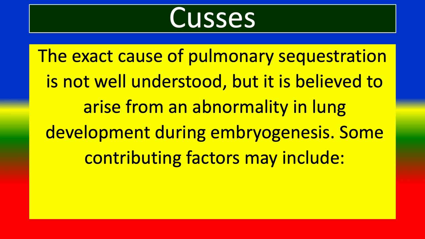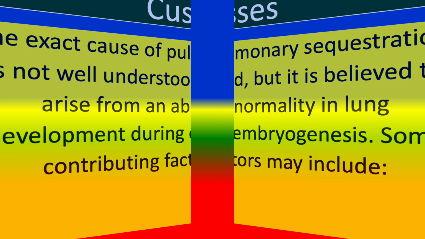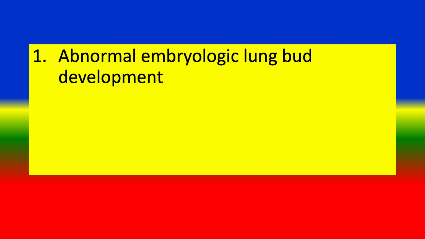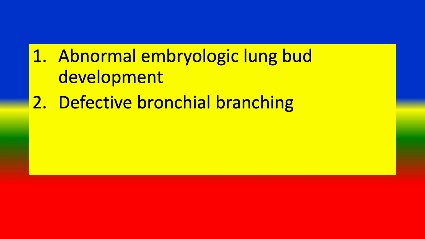Some contributing factors may include: 1. Abnormal embryologic lung bud development. 2. Defective bronchial branching. 3. Vascular anomalies.